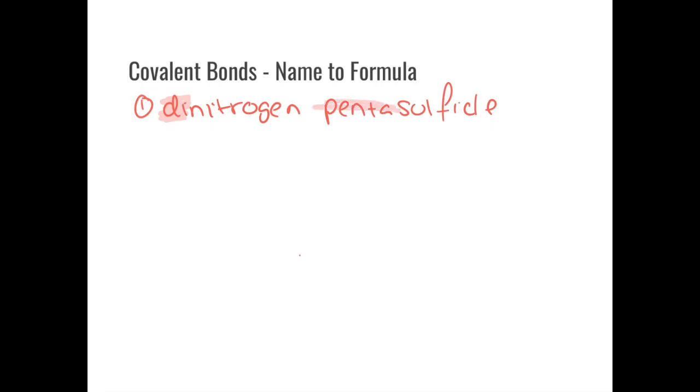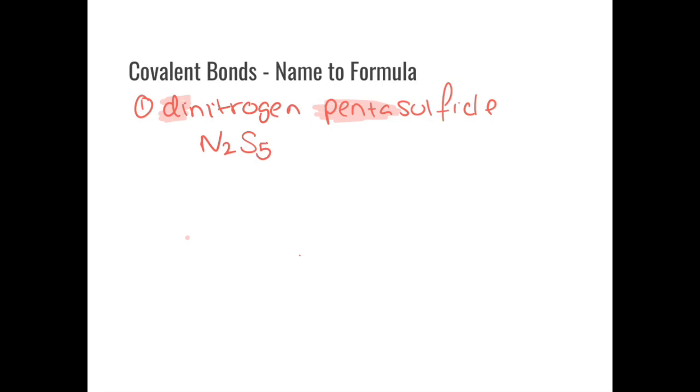With covalent bonds from the name to the formula, now you may have something like, let me go back to one of my examples, dinitrogen pentasulfide. So we see that here we have a prefix and here we have a prefix. So di is 2, so we have our nitrogen with a little 2, and penta is 5, so it's sulfide, S5.